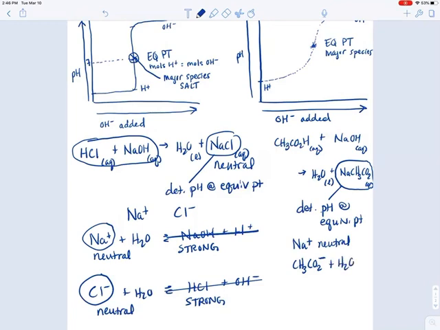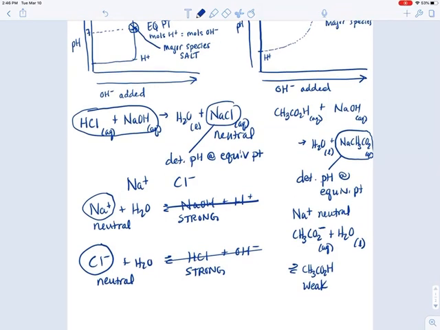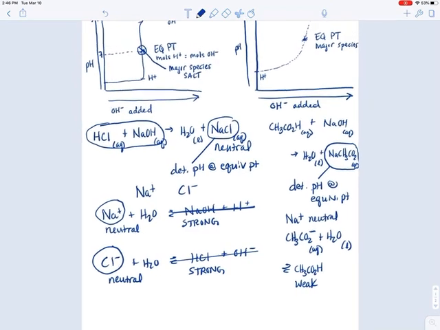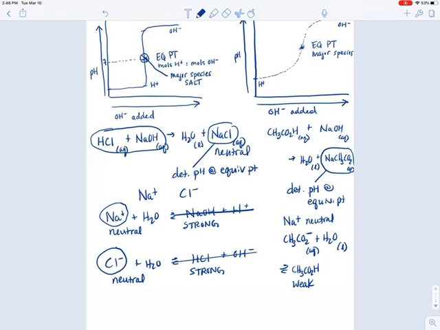So let's just see. When we hydrolyze it, we get CH3CO2H, acetic acid. We know that's a weak acid because we know it's not a strong acid. Strong acids we memorized. Okay, and the other species is hydroxide.